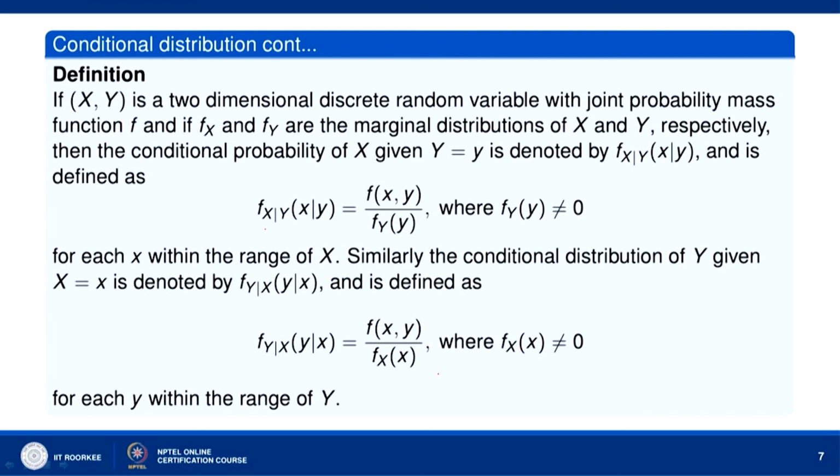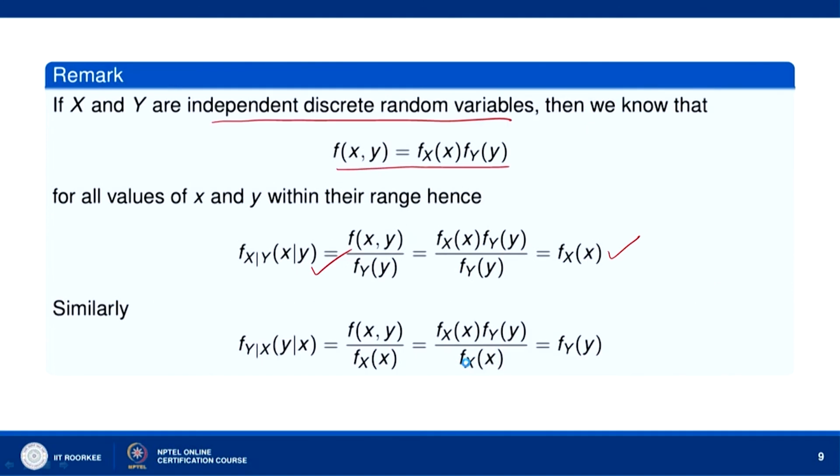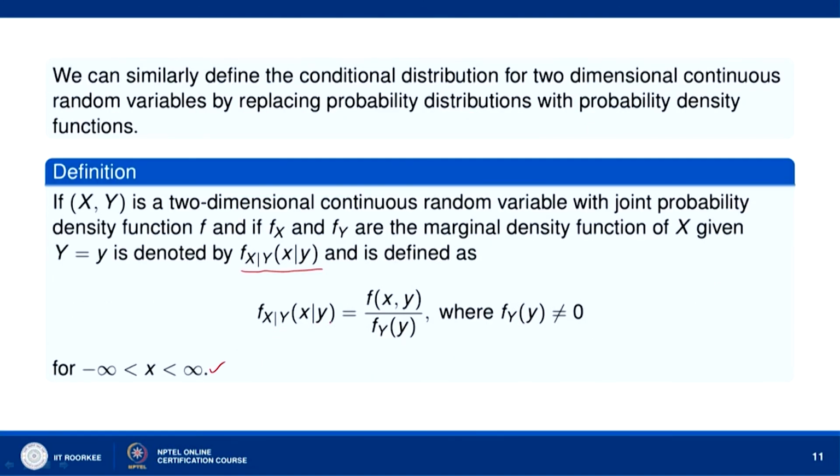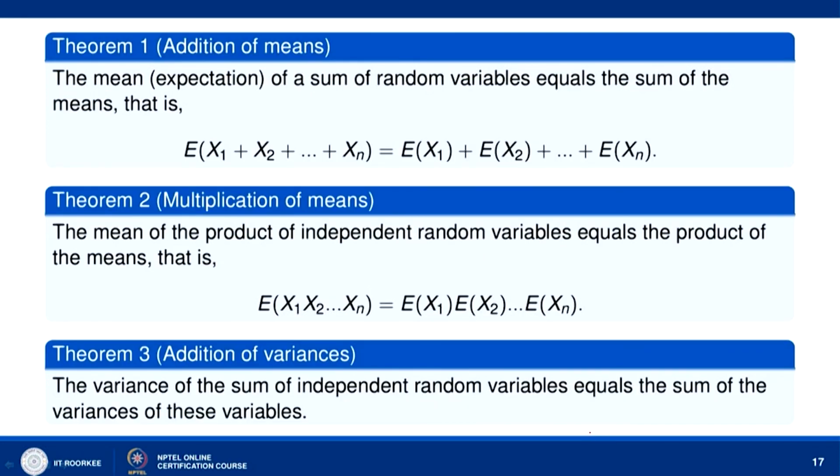We defined the conditional distribution of x given y equal to y. If (X, Y) is a two dimensional discrete random variable, this is f(x,y) over f_Y(y). In the case of continuous, we have f(x,y) over f_Y(y) as well. Okay. So, we come to this one.